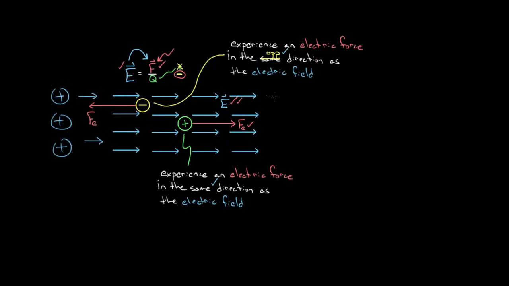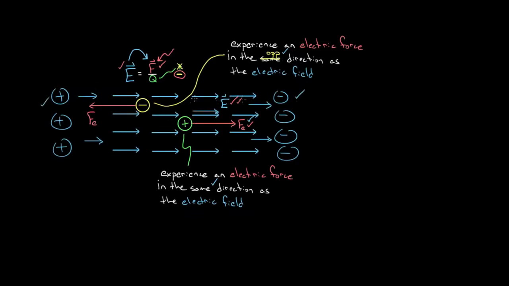The other possibility is that to create fields to the right, we can put negative charges over here. These might be creating that electric field because they'd create fields that point radially into them, because that's what negative charges do. And which way would the forces be? These negatives would be attracting this positive to the right, just like we said, in the same direction as the electric field. Whether that electric field's created by positives or negatives, it doesn't matter.